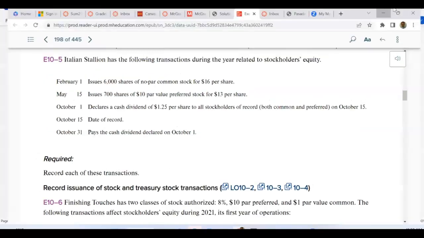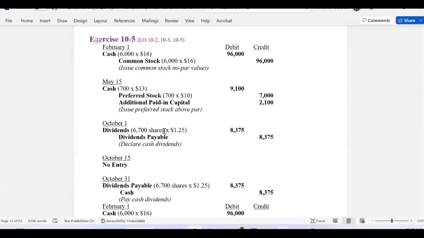Keep that in mind here. So 6,700 shares times $1.25. The dividend will be debited to record the dividend that has been declared. And because it's not paid yet, it's just declared, we record that as dividend payable. It will be paid maybe next month or so, but for now we call it dividend payable. That's a credit.